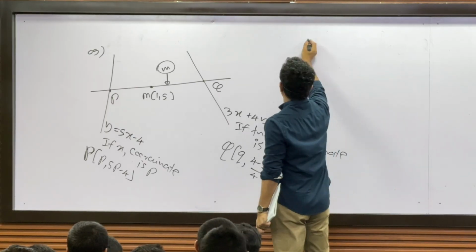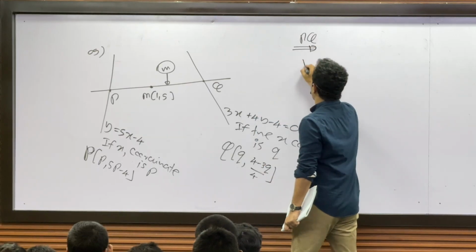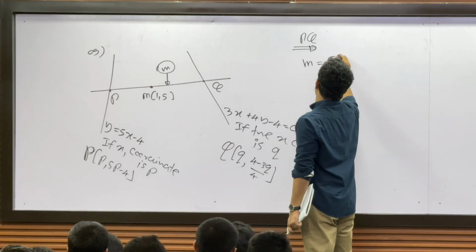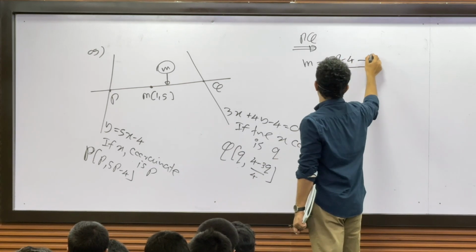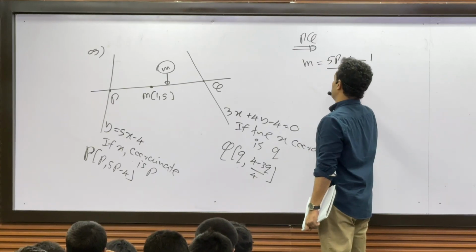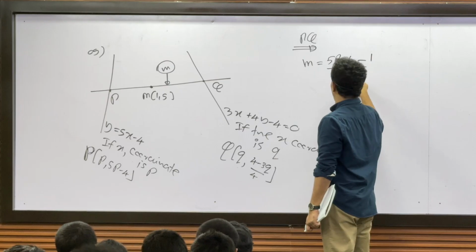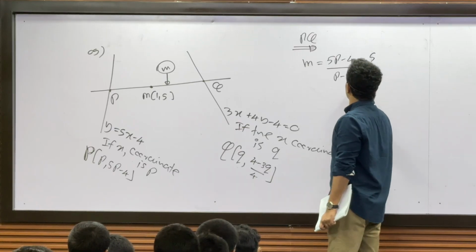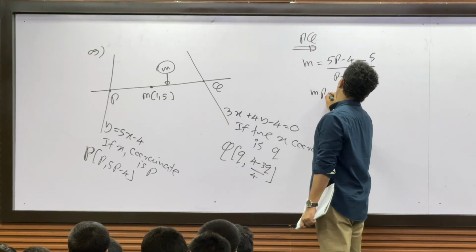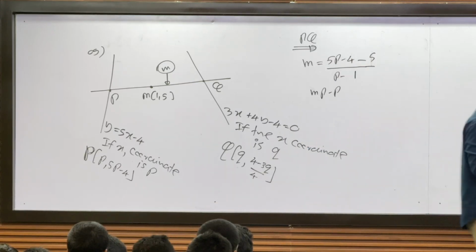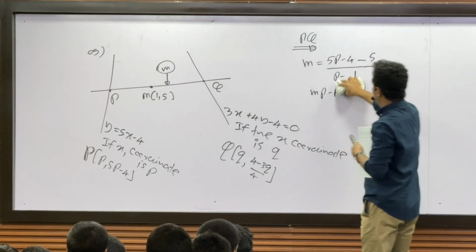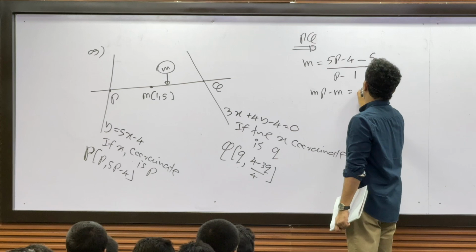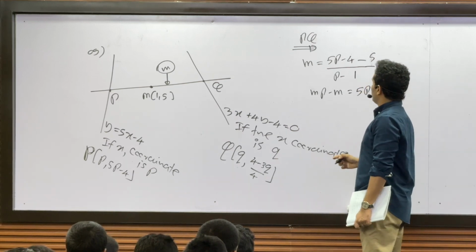By considering PM, m equals the difference of y coordinates over the difference of x coordinates: (5p minus 4 minus 5) divided by (p minus 1). So mp minus m equals 5p minus 9.